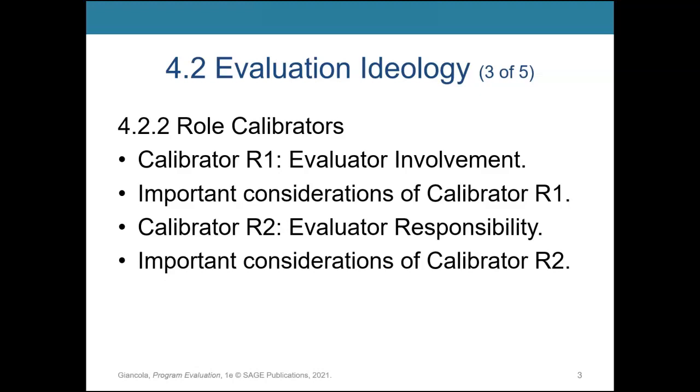And the other is this partnership model where the evaluator is working in an advisory capacity or working closely with program staff, or somehow involved in the program as they are evaluating. So again, two ends of one continuum. And then the second role calibrator is evaluator responsibility.